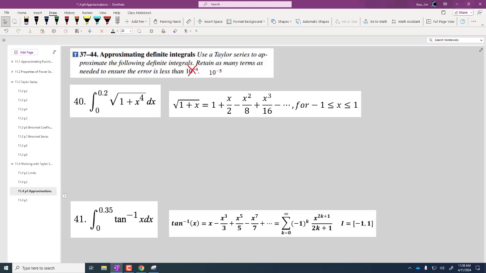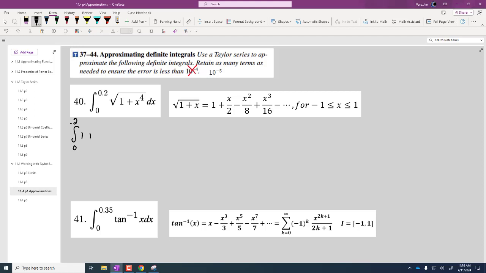So here we have an integral, and we want to approximate. Let's see. So we have that expansion. We found that one earlier today. Now we're going to replace the x with x to the 4th. So this integral becomes the integral from 0 to 0.2. We're going to use this expansion where we replace x with x to the fourth.